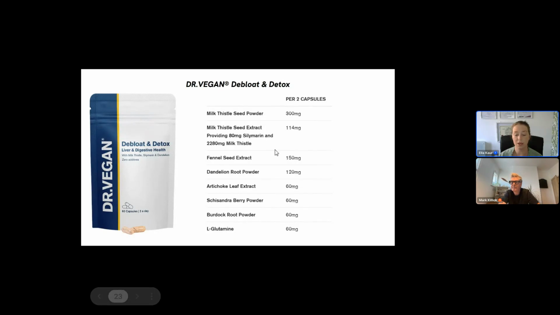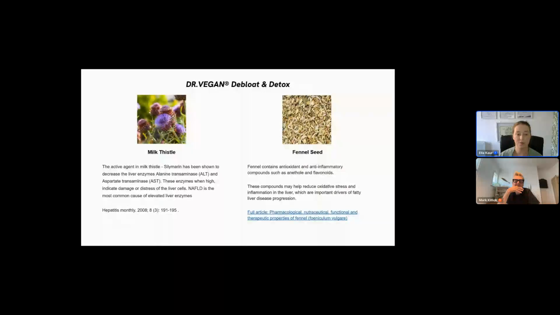Okay, so we have in here the milk thistle seed powder and also the seed extract as well. We've got the fennel seed, dandelion root, artichoke, sandra berry, burdock root, as well as glutamine. So it is a full package there. We do have the milk thistle as the first ingredient, and the active there is silymarin. And silymarin has been shown to decrease liver enzymes, so that's ALT and AST.